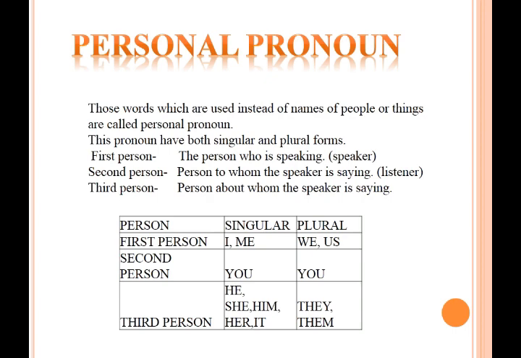Coming to the third person, it is that person about whom the speaker is speaking, or it refers to the person spoken about. As you can see in the table, for singular form, we use he, she, him, it, her for third person. And in the plural form, we use they, them for third person.